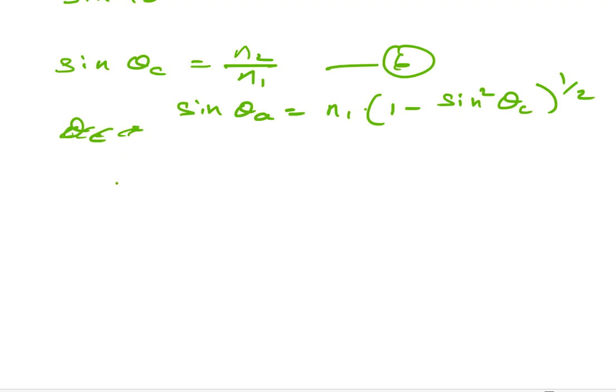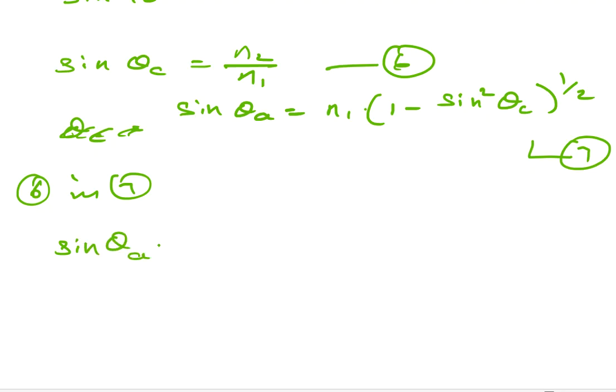Now you apply this sin theta c in this equation, 6 and 7. So what will happen? Sin theta A equal to n1 into 1 minus, instead of sin square theta C, n2 by n1, so we can put n2 square by n1 square to the power 1 by 2.